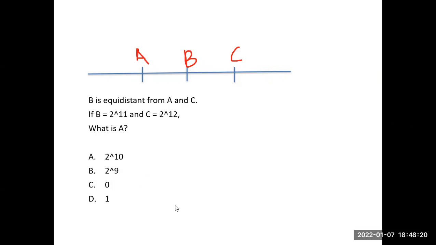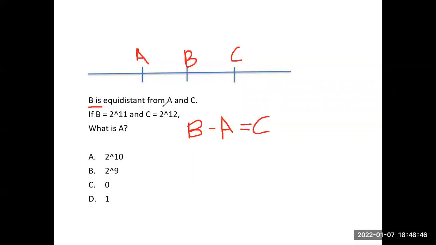Okay, so let's resolve this question. B is equidistant from A and C. What does this mean? Let's write it down. What is this sentence saying in math? It's a maths question, right? It means B minus A equals C minus B, right? Everybody okay with this?